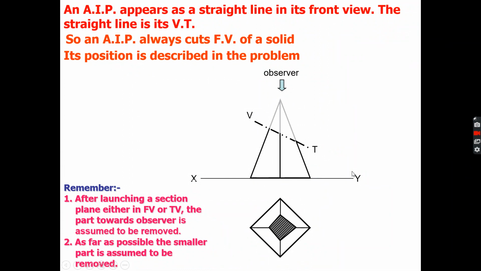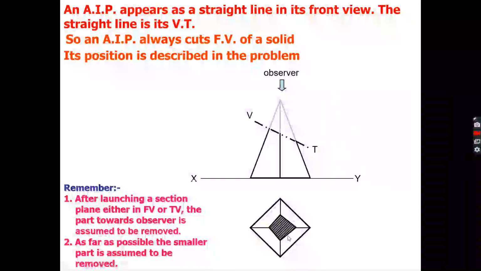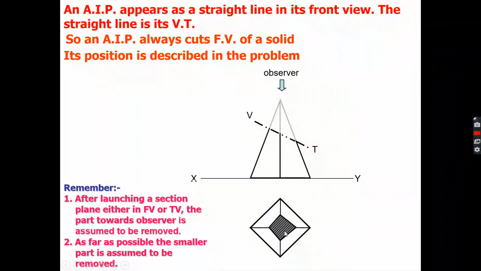And after cutting the section, you have to shade it like this. So these lines will be at a 45-degree angle, and these lines will be 1 mm to 2 mm apart from each other.